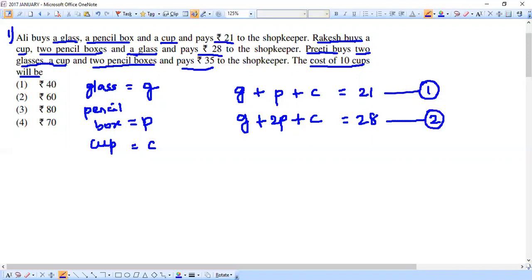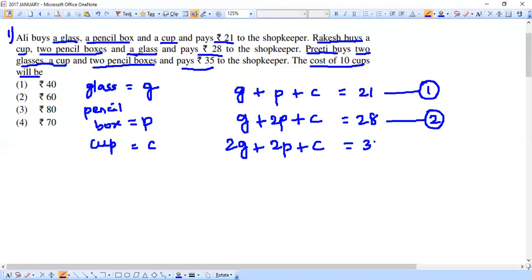And we have one more piece of information given here. Preeti buys two glasses, a cup, and two pencil boxes. So in this third one, we have two glasses, two pencil boxes, and one cup. So two glasses, 2G, then two pencil boxes, 2P, and only one cup again, so plus C. And the total here is 35 rupees.